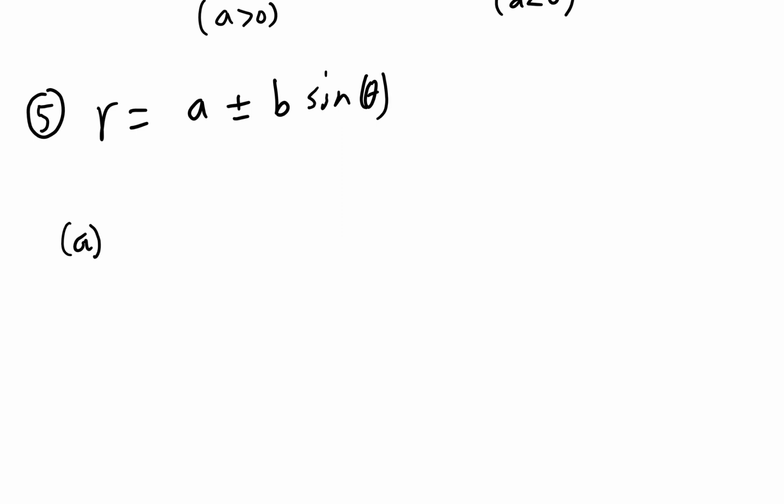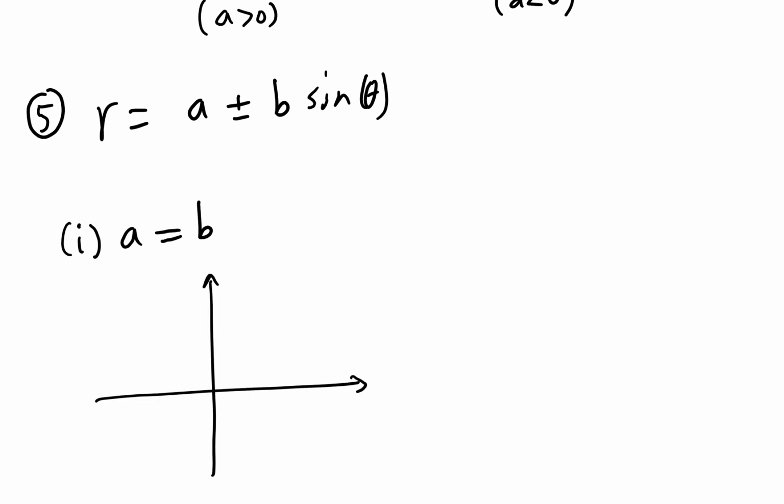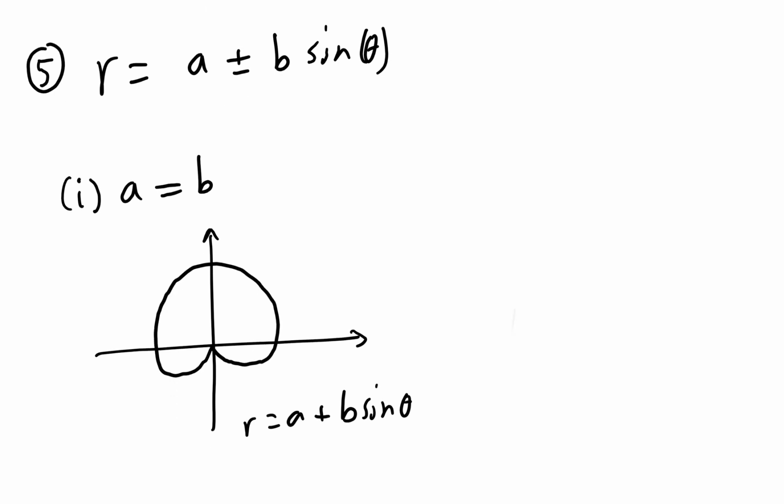First case, when a and b are the same, and you have a positive case, say r equals a plus b and both are positive, then we are going to get something like this, an upside down heart. It's called a cardioid.